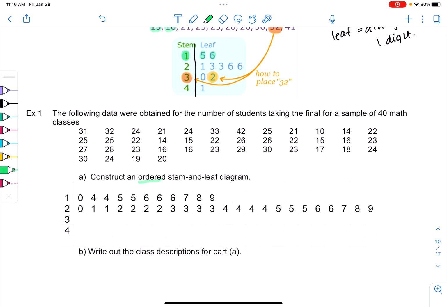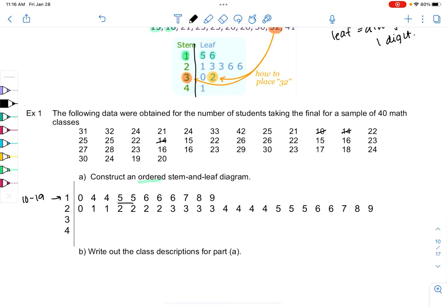So I did some of the data for you already. The first row has a 1 on the outside and then numbers on the inside. So this would represent 10 through 19. I've already done those for you. The first one is 10. And then we have 2 14s. So we could check 14 and 14. That makes sense. We don't need to check all of them. You can trust me, or you could check on your own time.